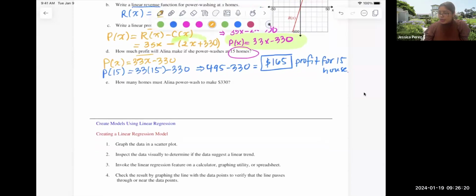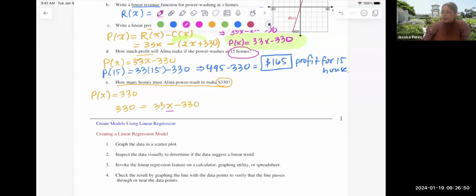Now this one's saying, how many homes must Alina power wash to make $330? Now we don't know the number of homes, but we do know how much money it is. So we want to find the homes. So we know that the P of X is actually equal to $330. We know that. So we're just going to say, okay, well, that's 330 equal to 33X minus 330.